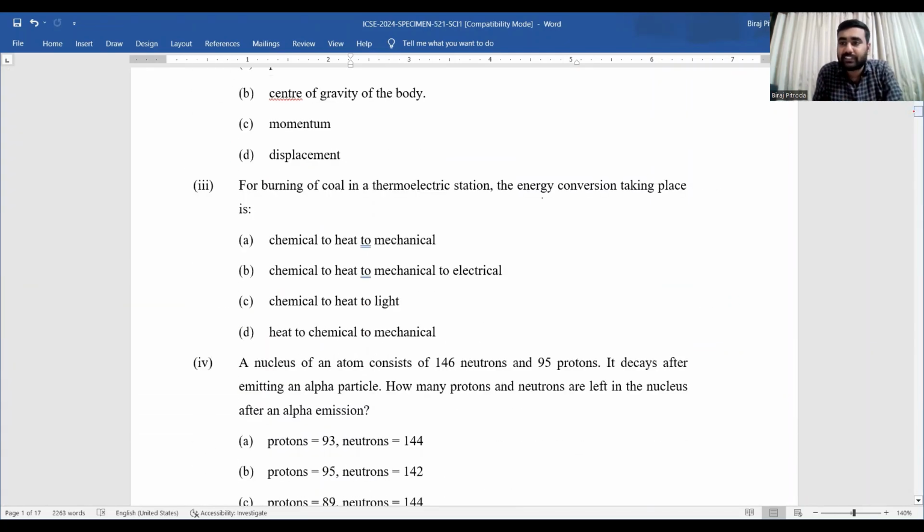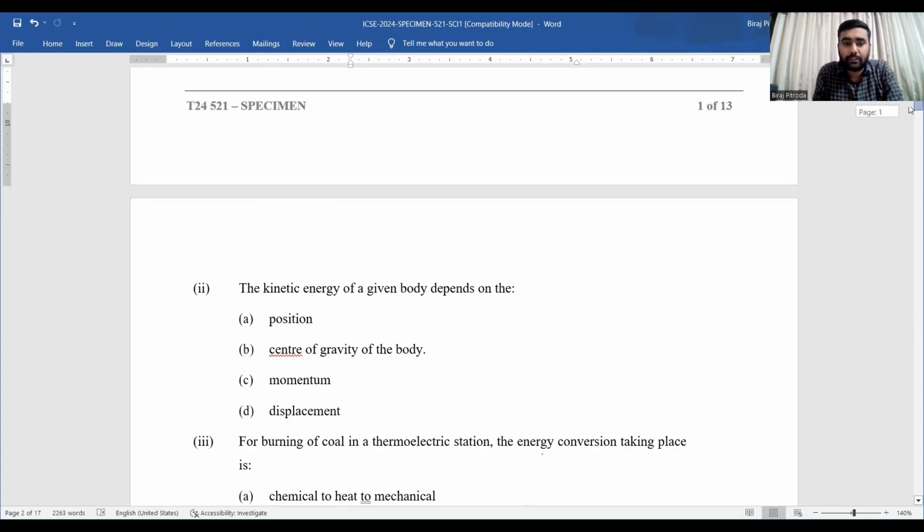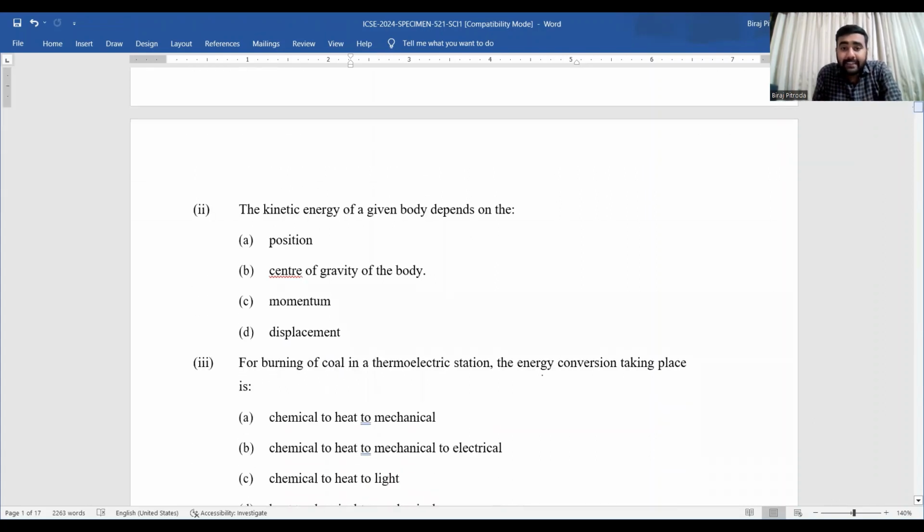Let us see the second question. Question number two is: kinetic energy of a given body depends upon, first option is position, second option is center of gravity of a body, third option is momentum, and fourth option is displacement. There is no relation between kinetic energy and position, so this is wrong. Again, no relation between kinetic energy and center of gravity.